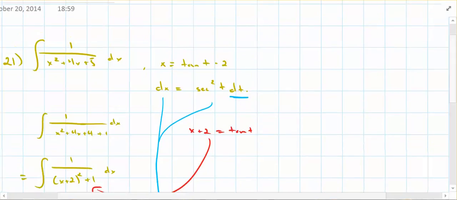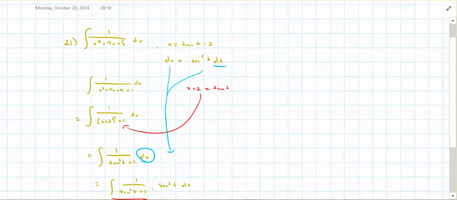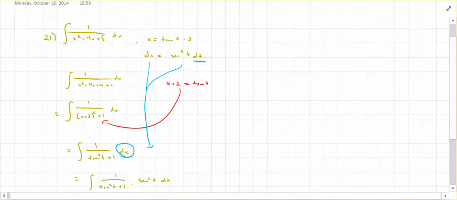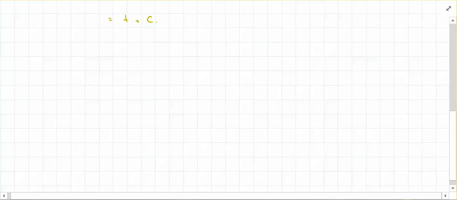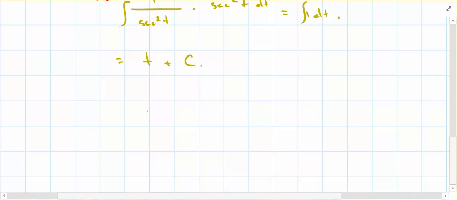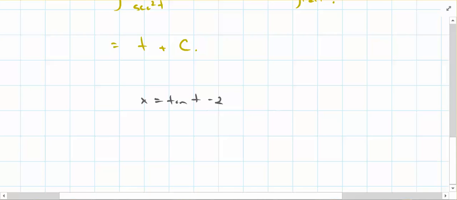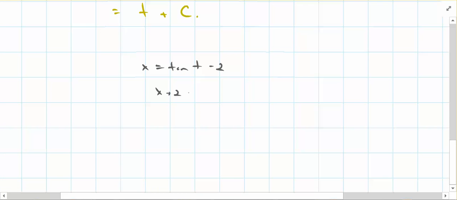Unfortunately, we want to find the answer in x, not t. So, as you see here, we should copy down what our substitution for x was. x equals tangent t minus 2, and solve for t. x plus 2 is equal to tangent t. t is equal to arctangent of x plus 2.